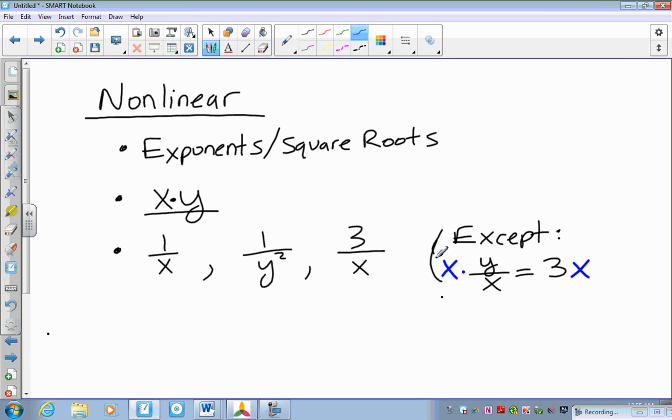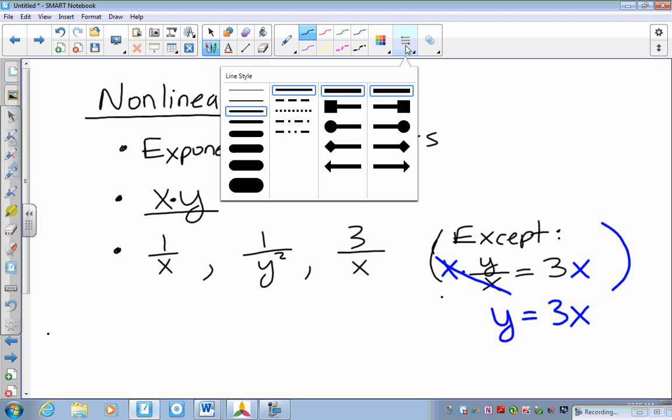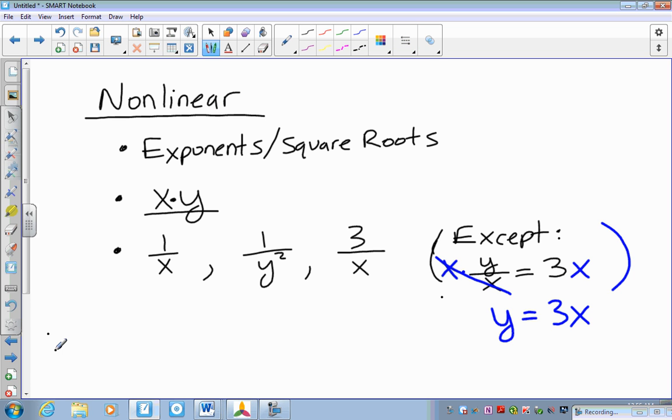What that does is the x's will cancel, and you're left with y equals 3x. Well, that is linear. So if you see y divided by x, that is linear. It's only when you're dividing a number by x or a number by y that it's not okay. So I believe that's all the ones that we talked about that make it non-linear.